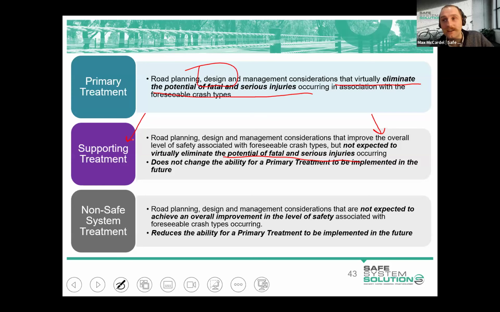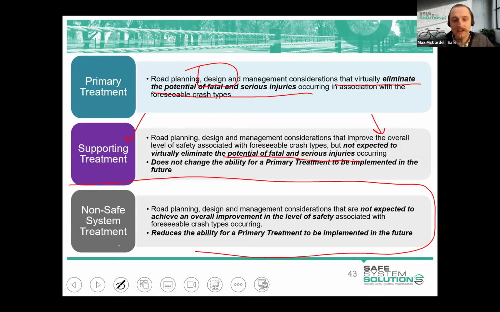It also says if that influences exposure, likelihood, severity. So that's a very, very useful little resource there. So primary, just remember, primary is we're expecting it to virtually eliminate the risk of FSI crashes.